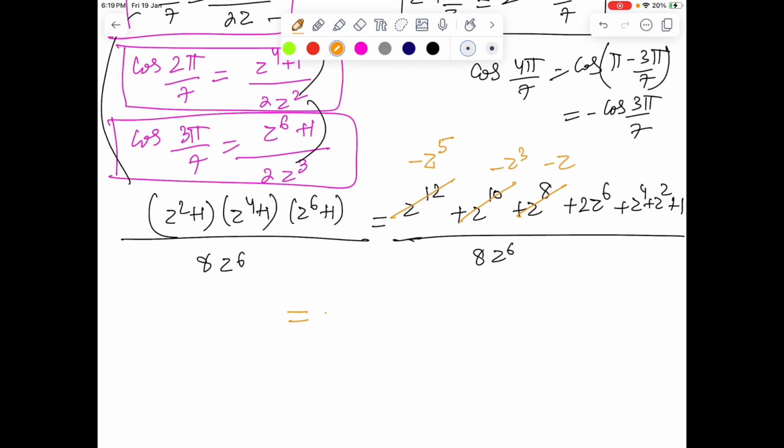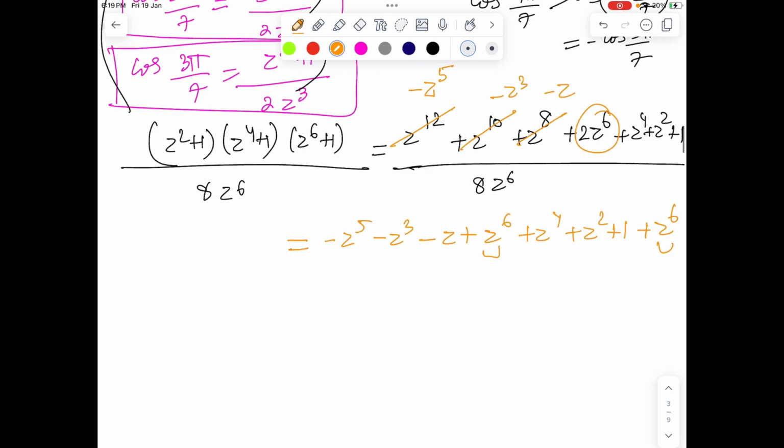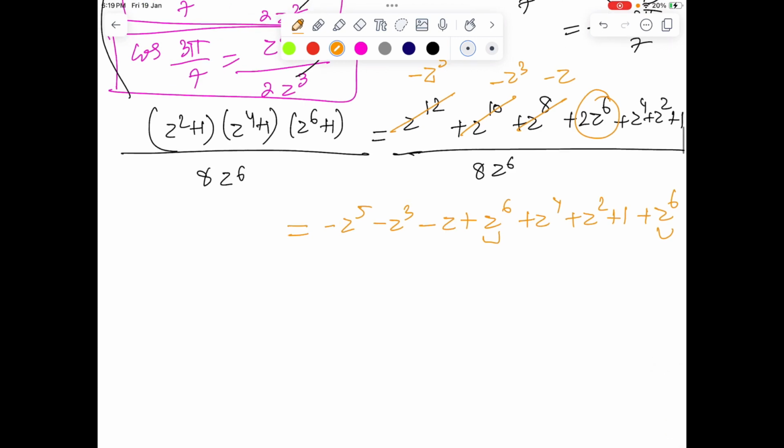So the given quantity can now be written as minus z5 minus z cube minus z plus z6 plus z4 plus z square plus 1 and plus z6. So 2z6 I'm writing as z6 and z6.